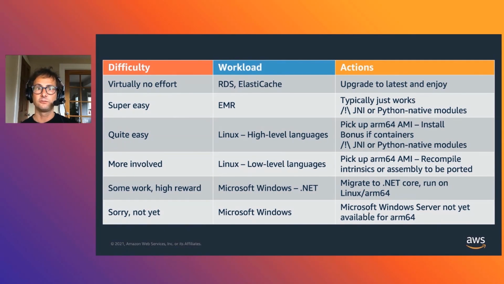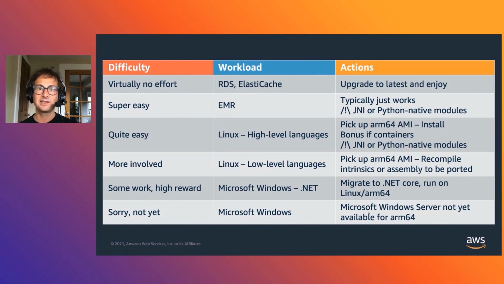Slightly more involved would be the Linux-based workload using lower-level languages, things like C, C++, Rust, Go. Same thing, you need to pick up an ARM 64 AMI, and here you will have to recompile your application. The good news, though, is that there's support from all the major compilers for the different languages, be it GCC or the Rust compiler or the Go compiler.